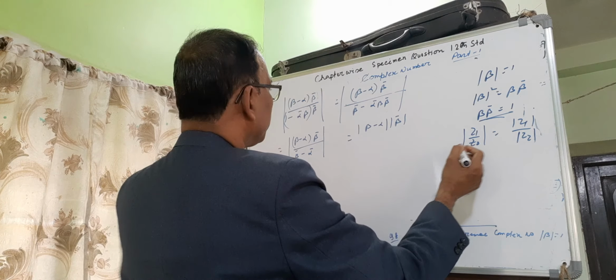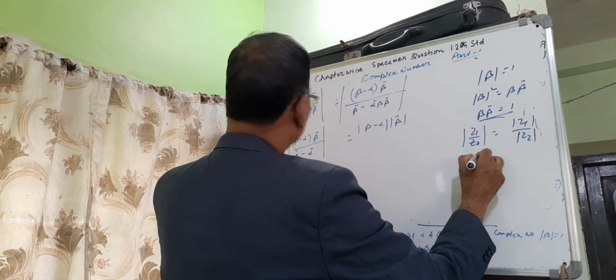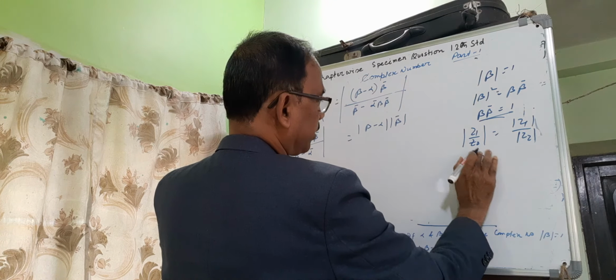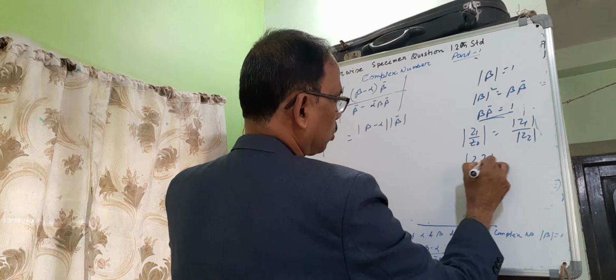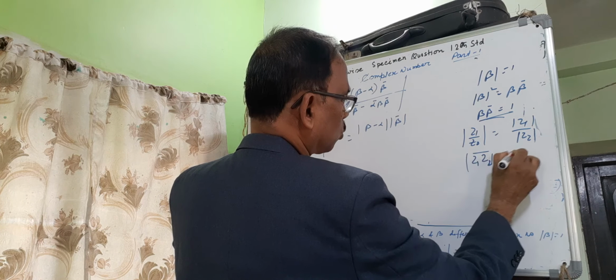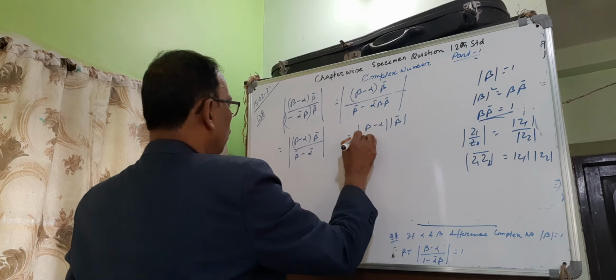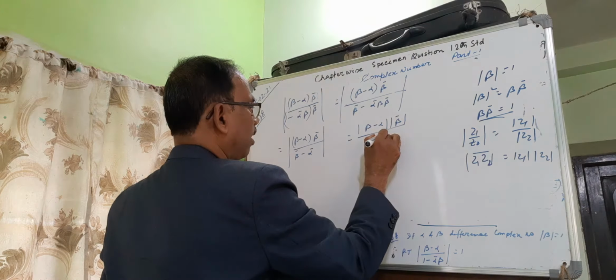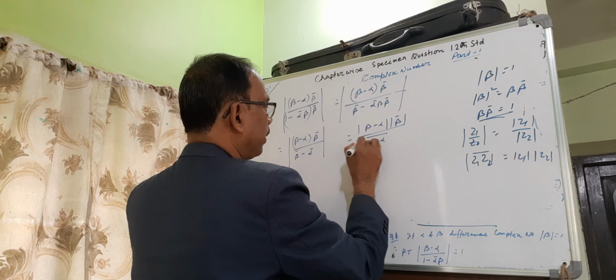We can write |β − α||β̄| over |β̄ − ᾱ|, because |z1 z2| = |z1||z2|.